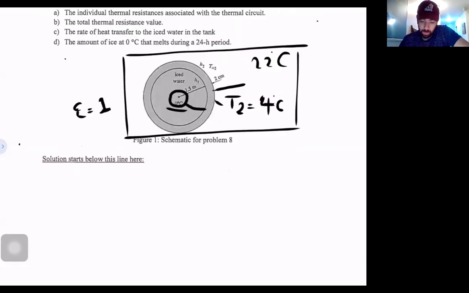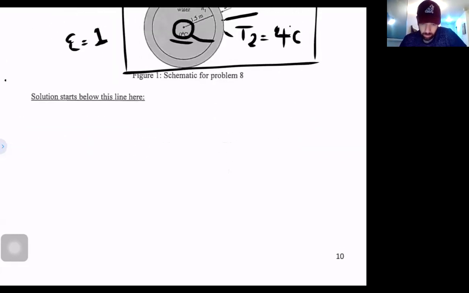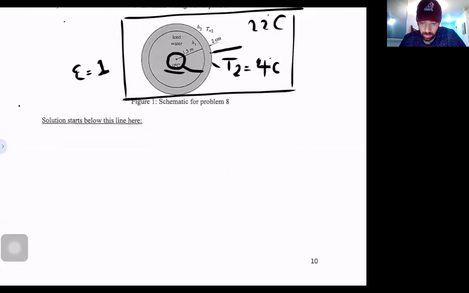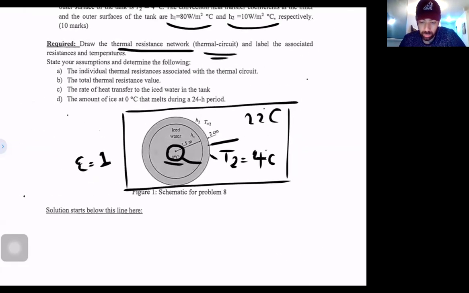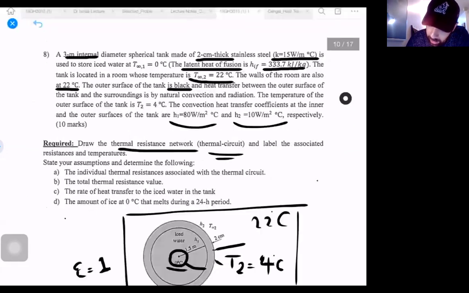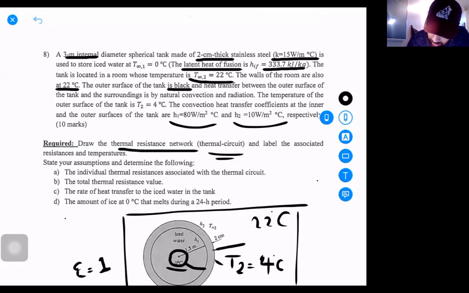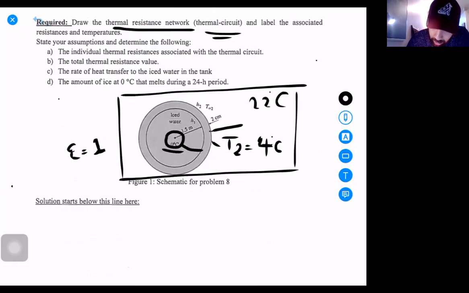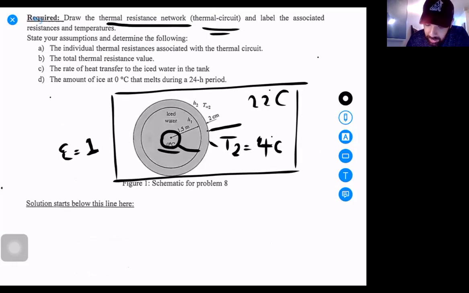But going back to our question here, we had a pack of ice in the middle, and we wanted to find the rate of heat transfer to the ice water in the tank, and also the amount of ice at 0 degrees centigrade that melts during a 24-hour period.